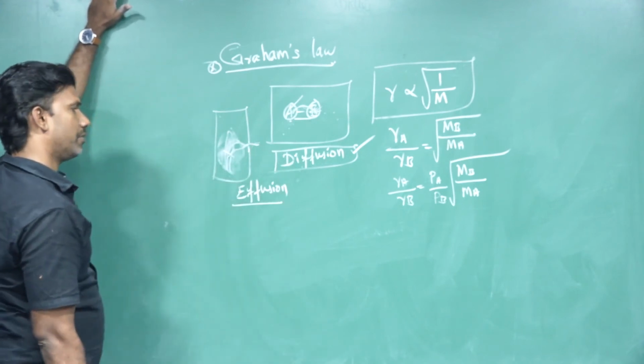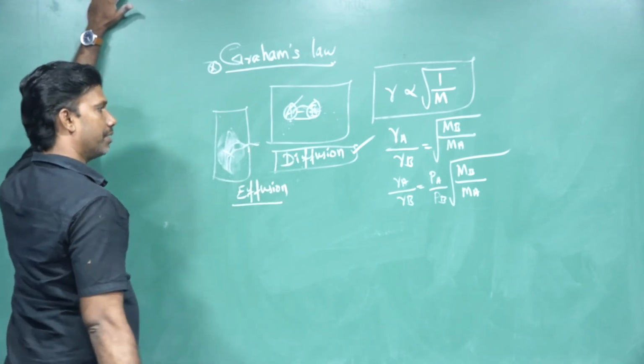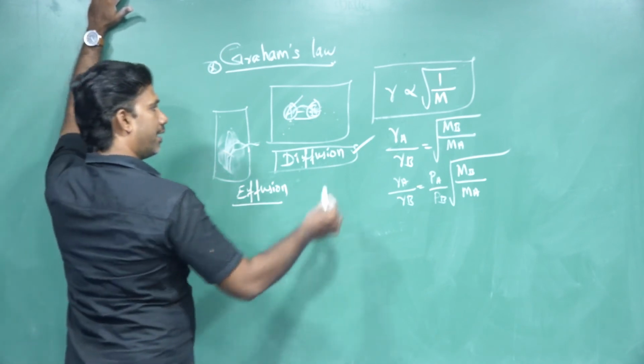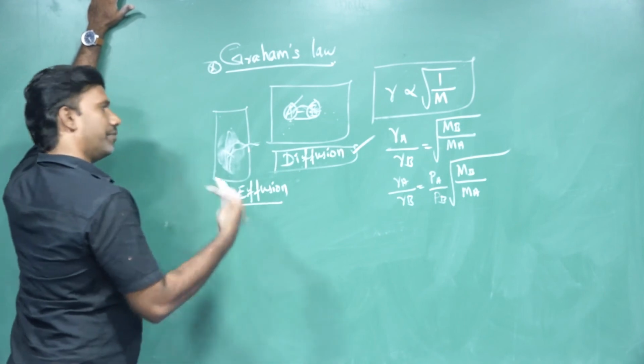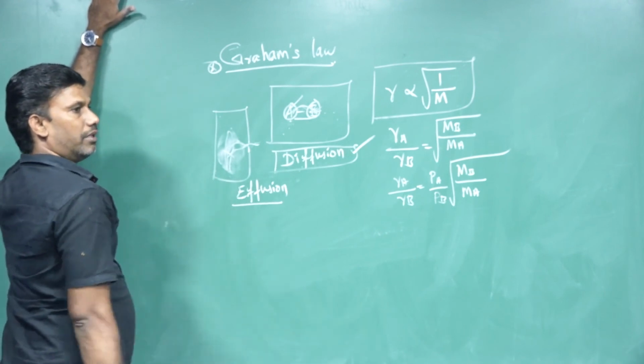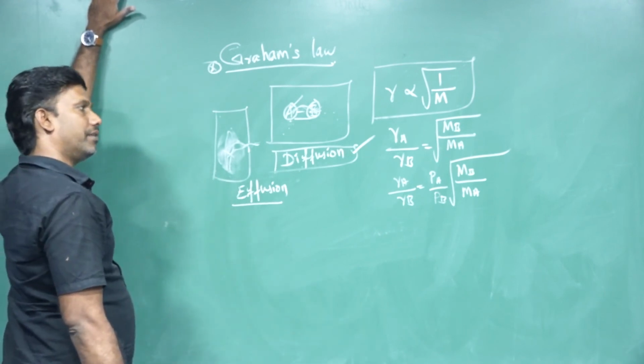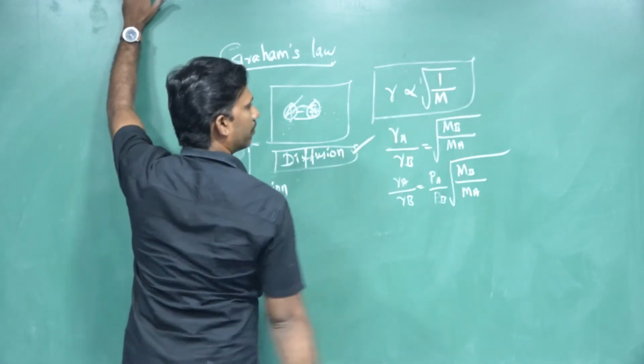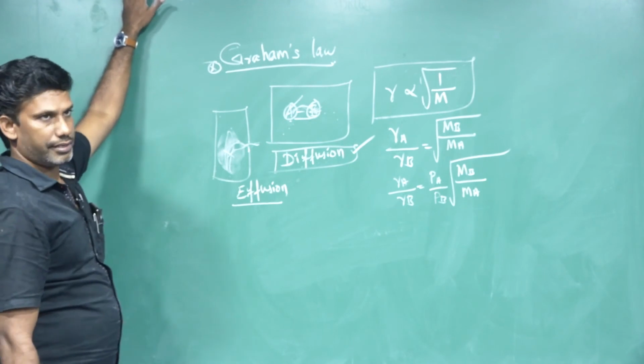Okay, first of all you should know what diffusion and effusion are. What is Graham's law actually? Graham's law says that the rate of diffusion or rate of effusion, whichever it may be, is inversely proportional to the square root of the molecular mass of that particular gas.